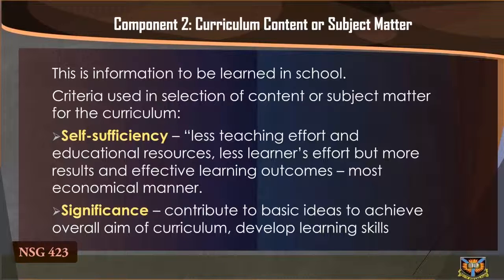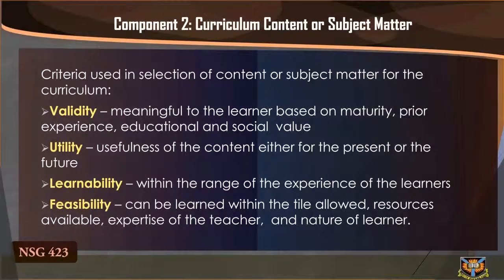Significance: contribute to basic ideas to achieve the overall aim of the curriculum, develop learning skills. Validity: meaningful to the learner based on maturity, prior experience, educational and social value.